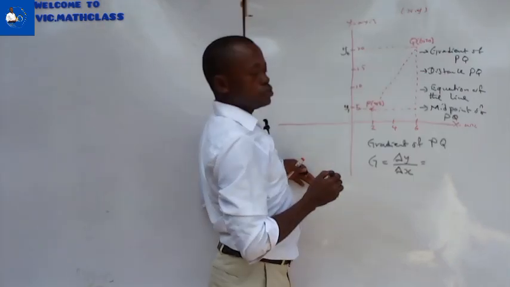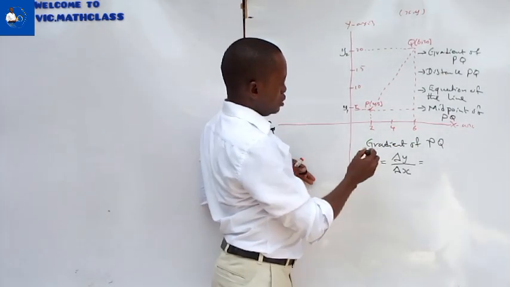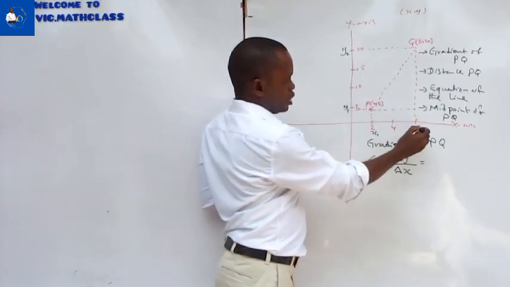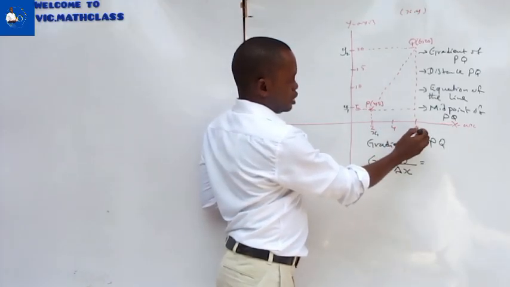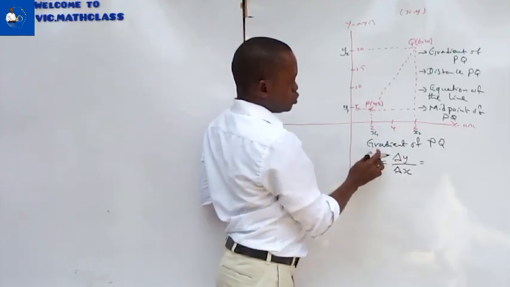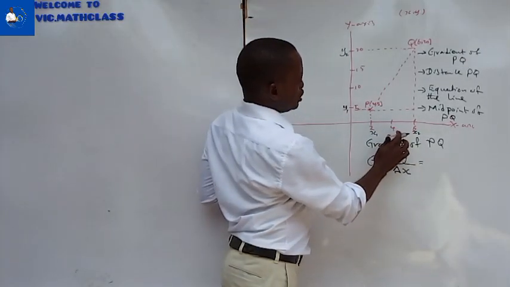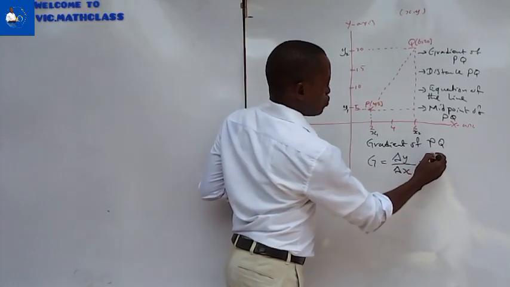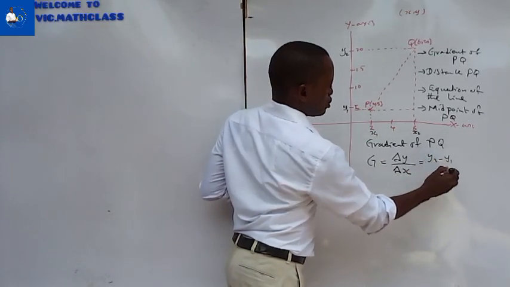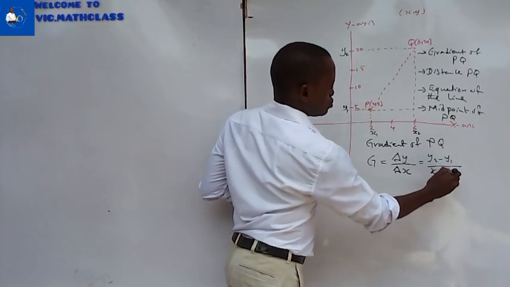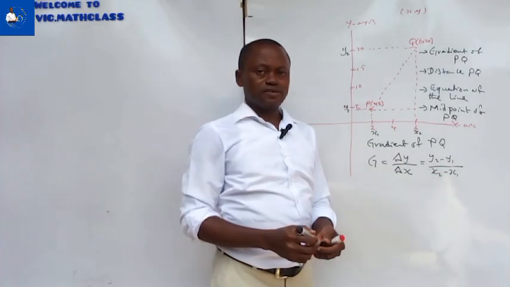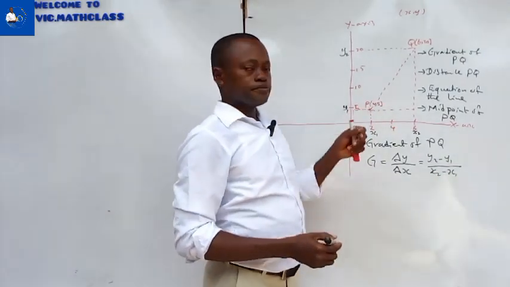Do you follow? Here, I can call the initial value of x, x1, and here the final value of x, x2. So within here there is an increment, and within here there is an increment. So this will be y2 minus y1 over x2 minus x1. That's what gives us the gradient of this line.